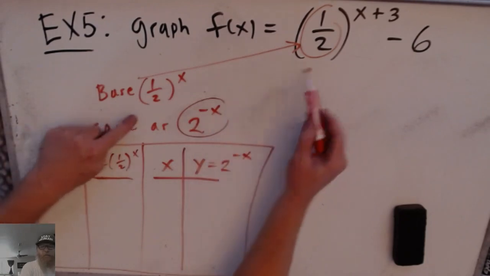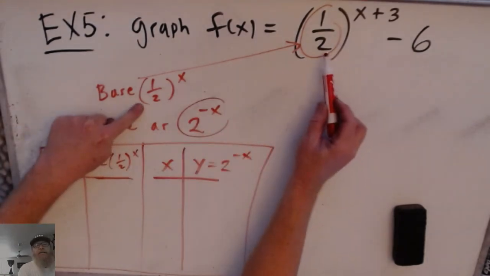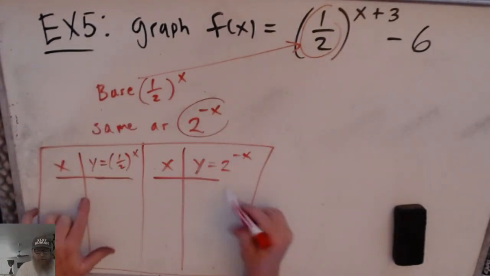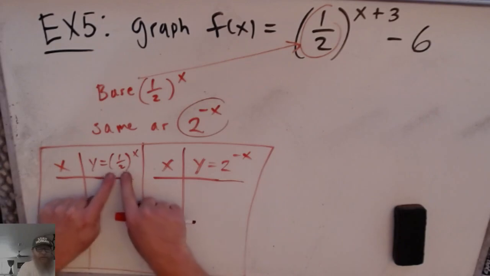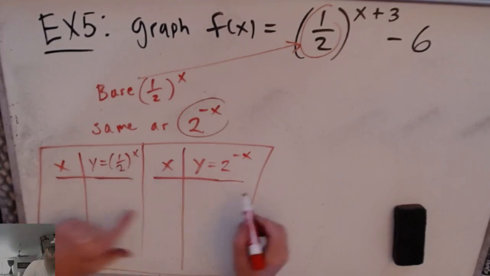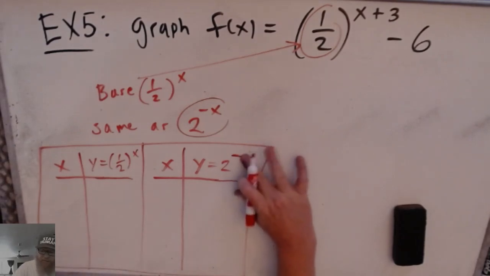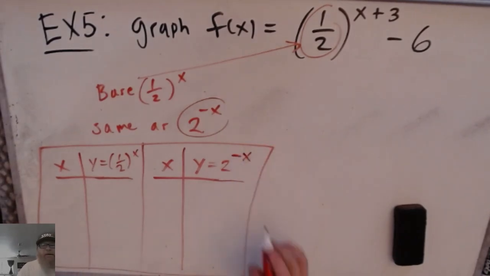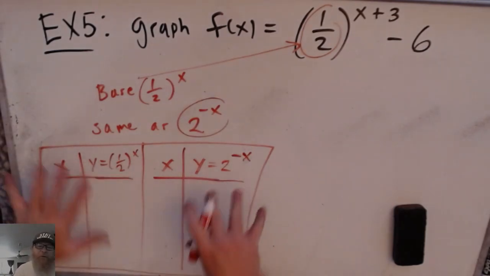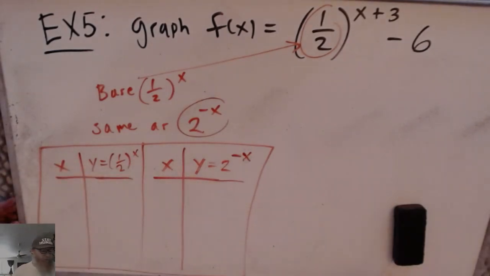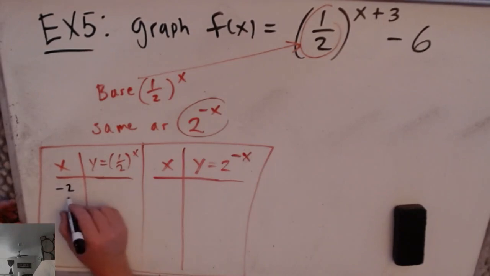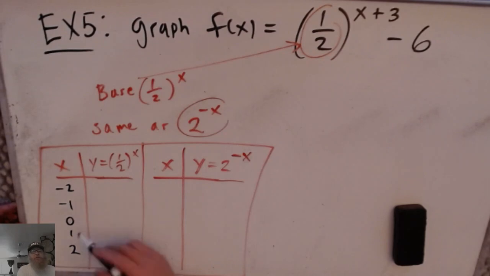Whenever you have a fractional base, you can choose to not use fractions and just use negative powers. I tried to demonstrate that in 6.1. I'm not sure how clear it came across. I kind of went away from it thinking maybe when you see the graphs, it'll become a little more clear. All right, so let's go ahead and do this. I'll go ahead and show it to you both ways.